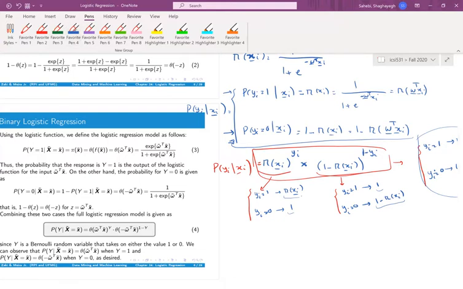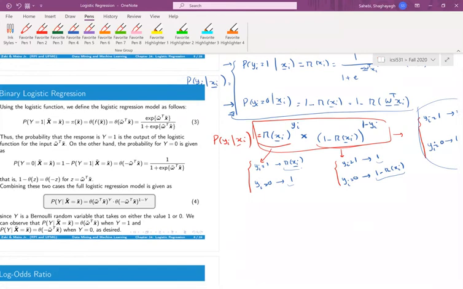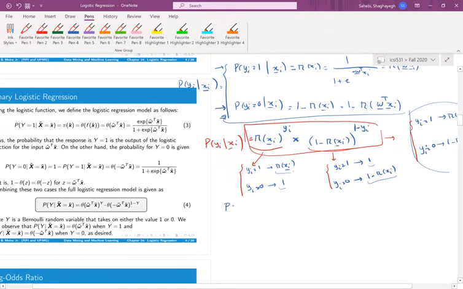So now we got a formulation for the probability of yi given xi. Now I have probability of yi given xi equal to pi xi to the power of yi multiplied by 1 minus pi xi to the power of 1 minus yi. Nice. That is a nice formulation that I have here.